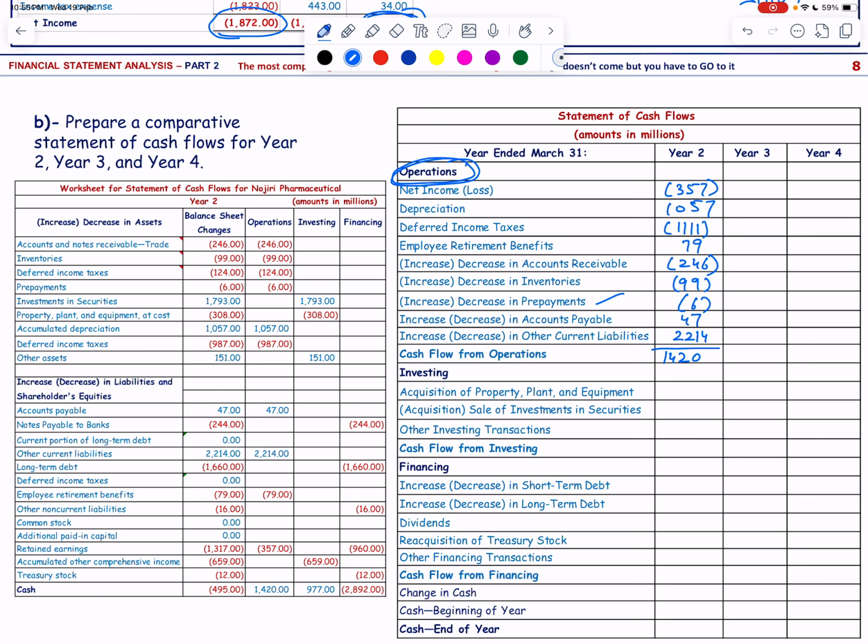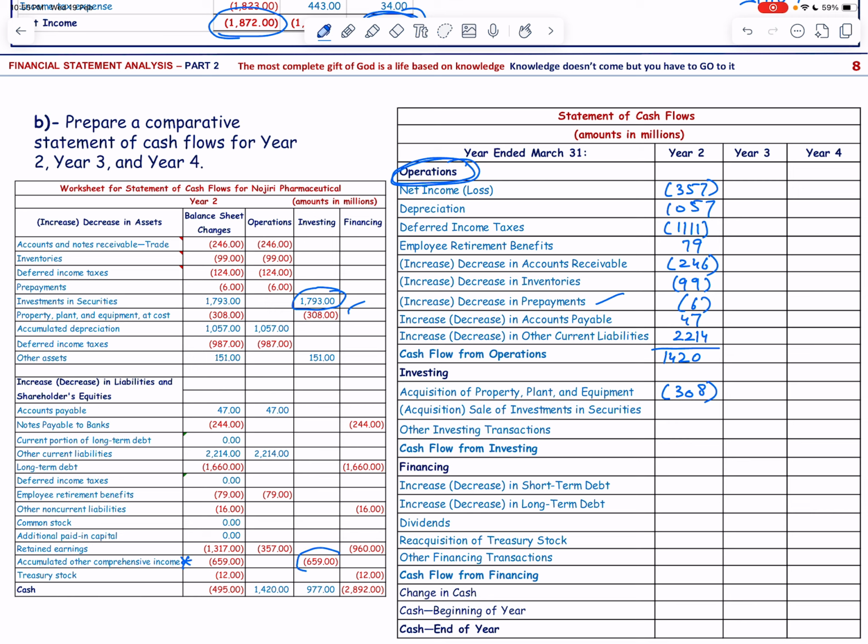First of all, acquisition of property, plant and equipment, that is 308 in brackets. Then look at the acquisition or the sale of investment in securities. Now we have 1793, and we also have the acquisition of other comprehensive income of 659.